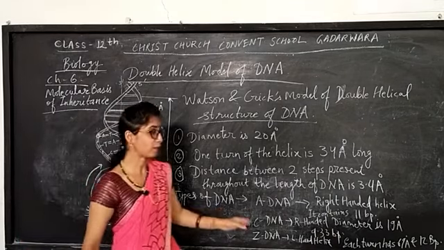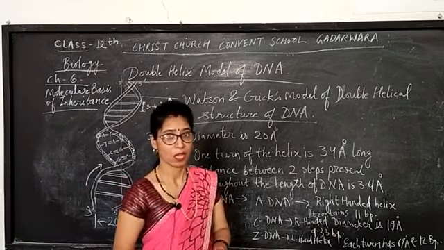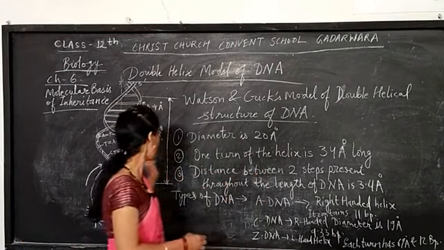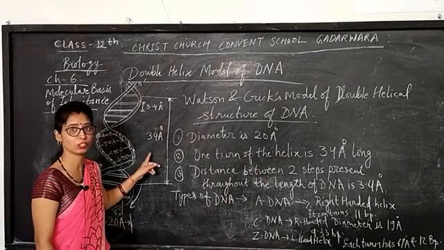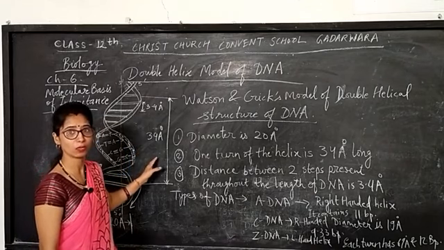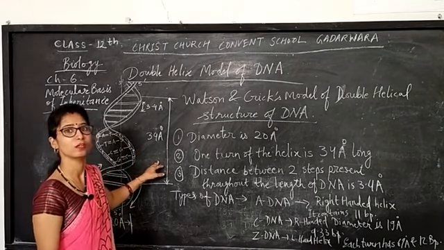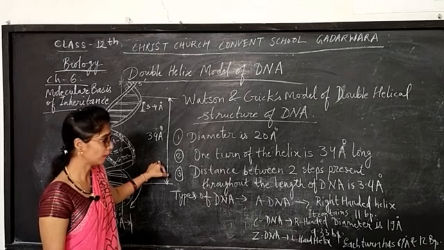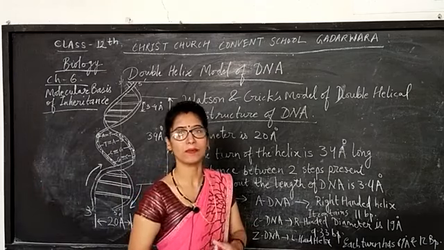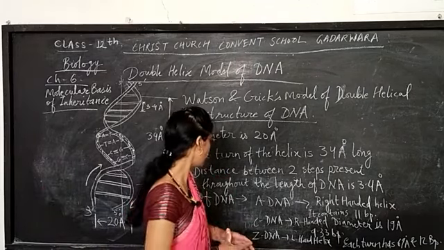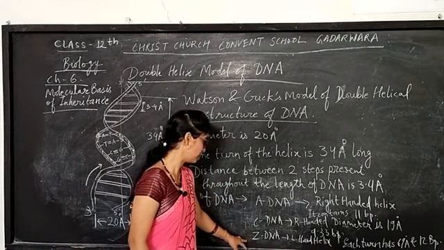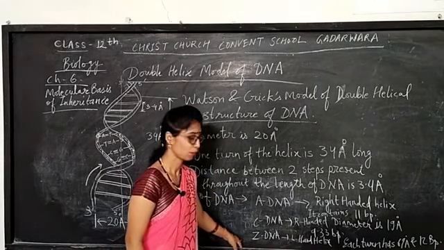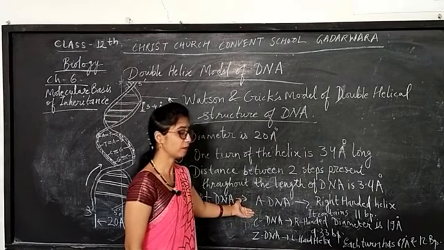Now, types of DNA. This is a right-handed helical structure, which is found in all living beings. But there are some other types of DNA also, that are A-DNA, C-DNA, Z-DNA. So what is A-DNA?